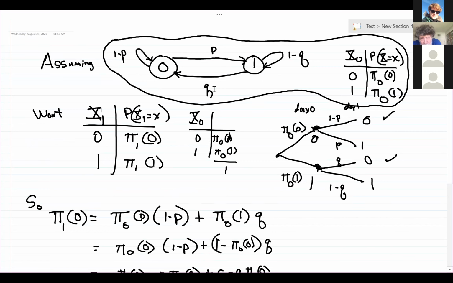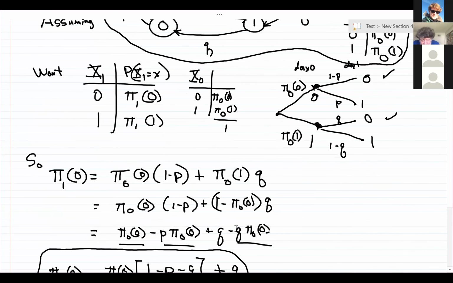Q was 0.2, I think. Maybe 0.1. I forgot what it was. Let me look at my notes. It was 0.1. So in the numerical example I did in class, P was 0.75 and Q was 0.1.